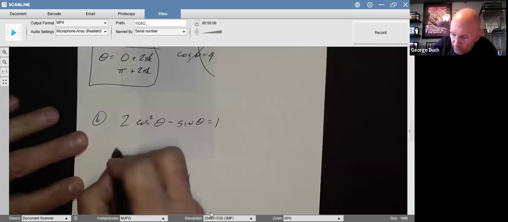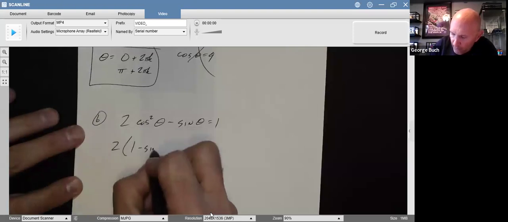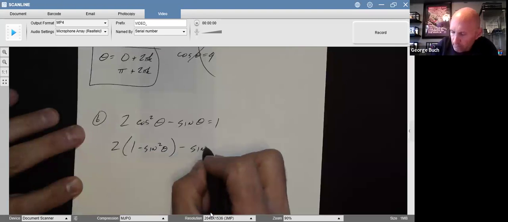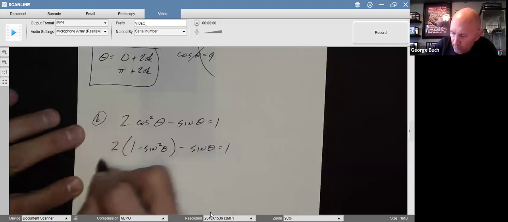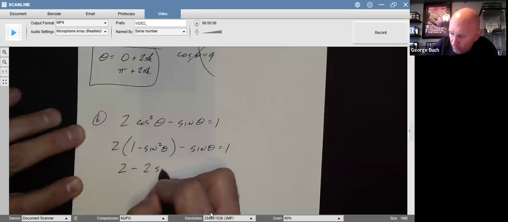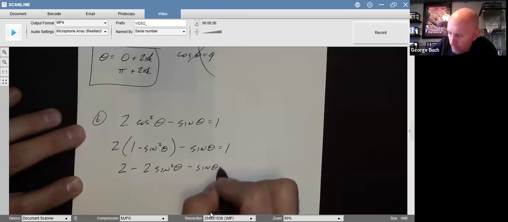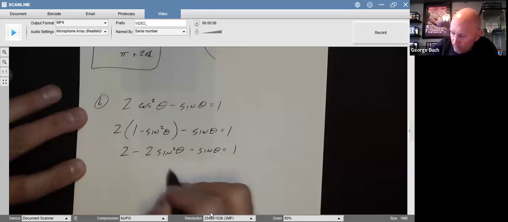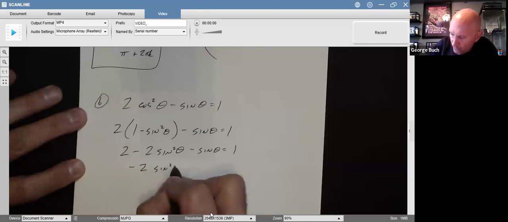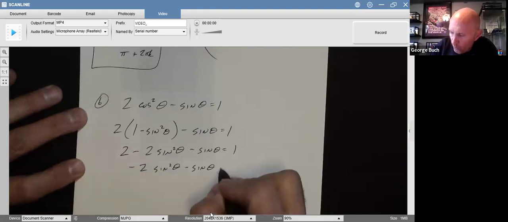So I'm going to substitute cosine squared as 1 minus sine squared of theta. Distribute your 2. So you have 2 minus 2 sine squared theta minus sine of theta is 1.